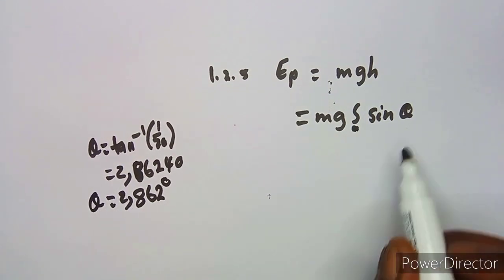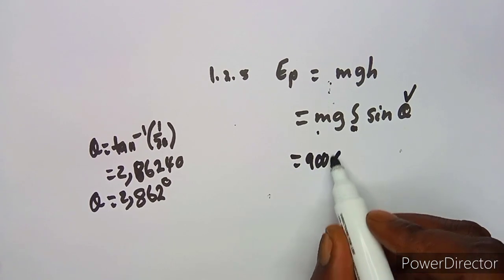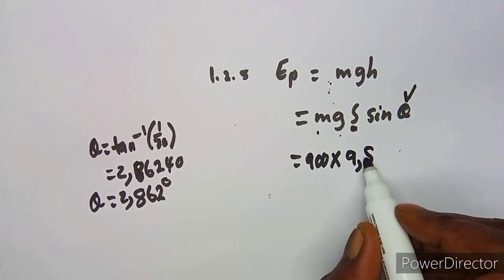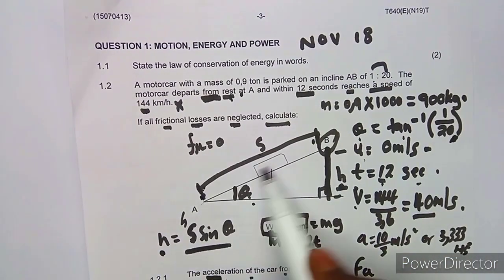That's our theta. Which means we can now substitute m, the mass, which is 900, times g, the gravitational acceleration, times this s, which is the displacement from A to B.